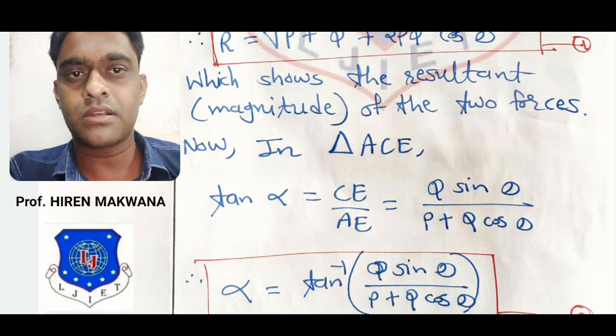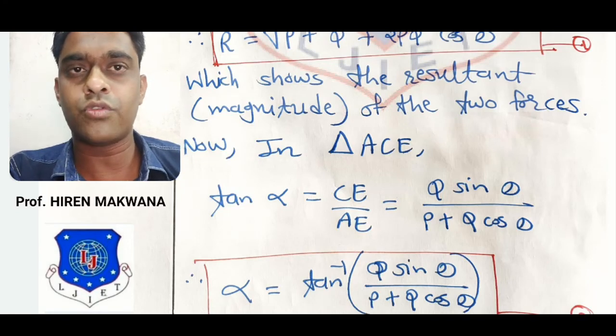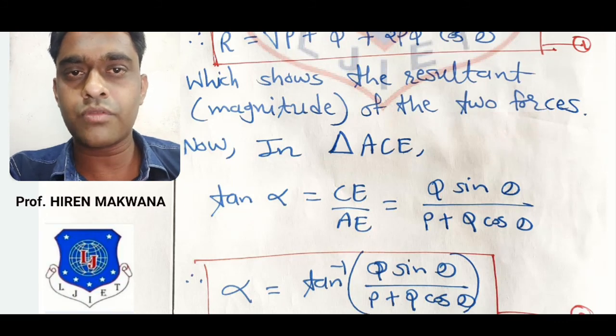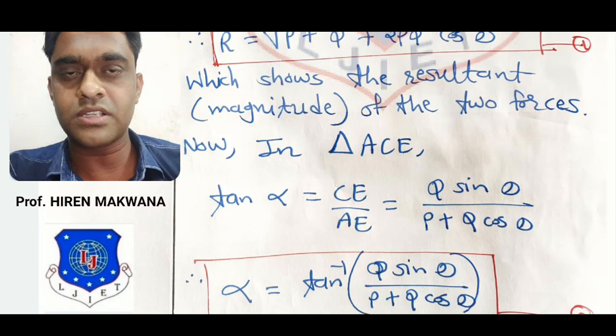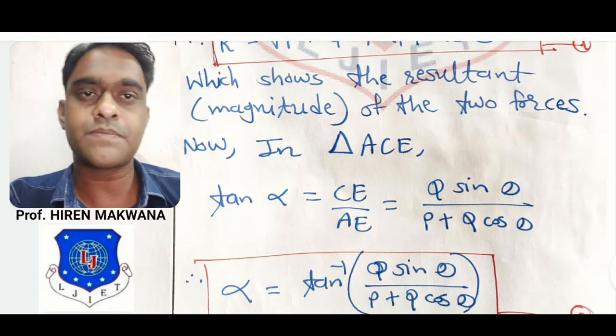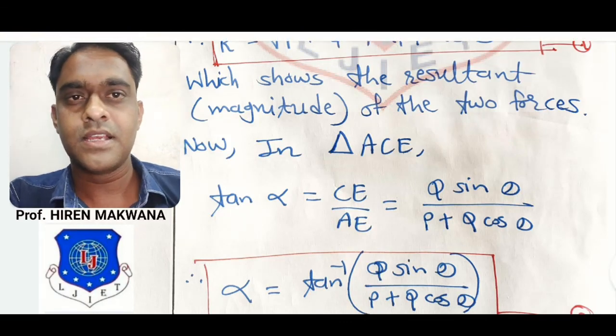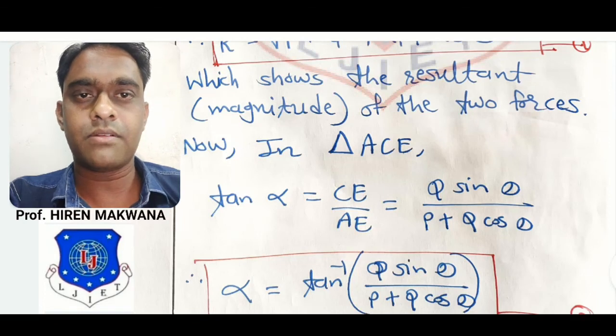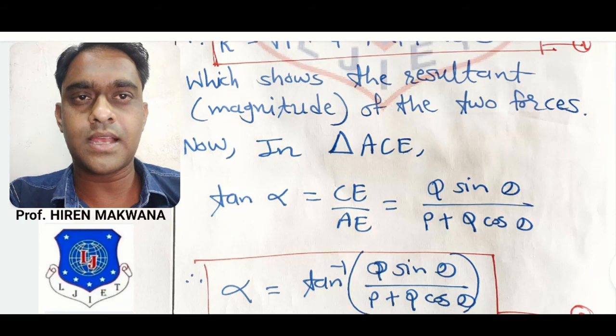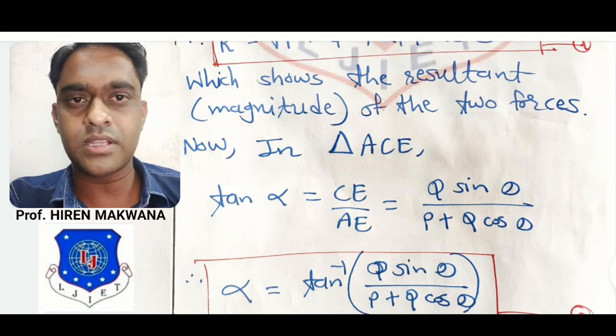So this is the method by which we can get the resultant, meaning the effective force of the two forces P and Q, and also find the angle at which the resultant will act with respect to the horizontal axis. So this is our first topic, law of parallelogram of forces. We will start numericals based on this after this lecture.